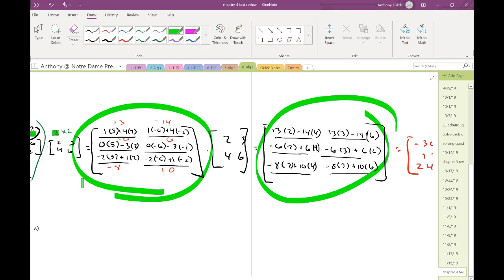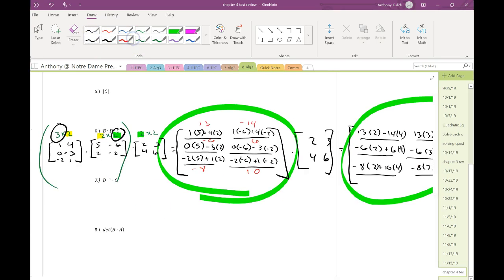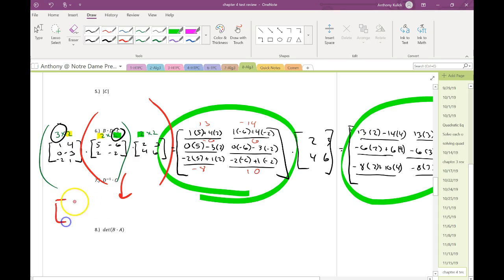Justin. So you would have gotten the same answer had you done this. However, you have to keep the order of the matrices the same. So whatever that answer is, you'd have to multiply like this. You can't put that one over here.